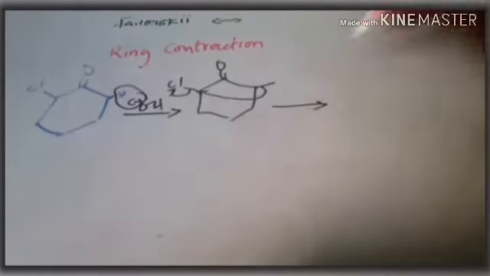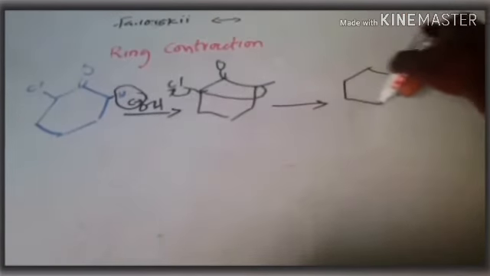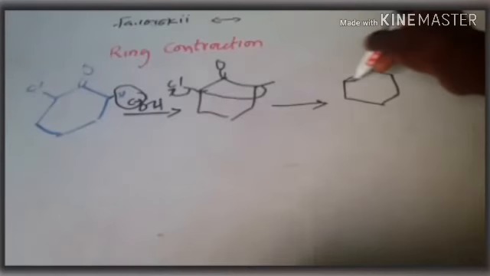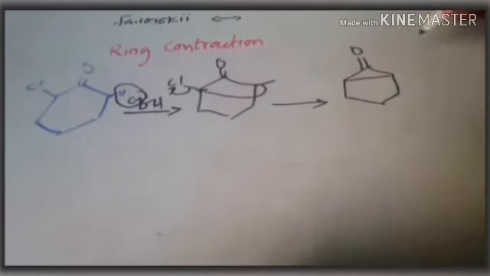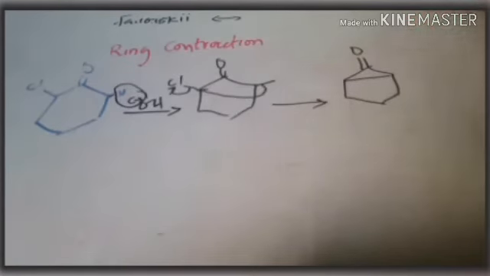When chlorine is kicked off, we get our intermediate. Normally, like I said before, our normal intermediate is cyclopropanone, which is our intermediate here. So from the intermediate now we react our base.